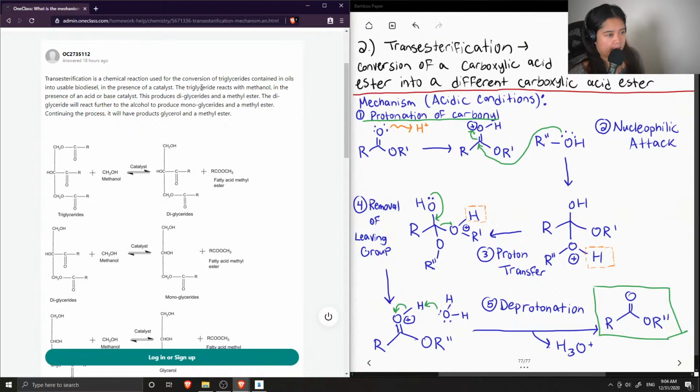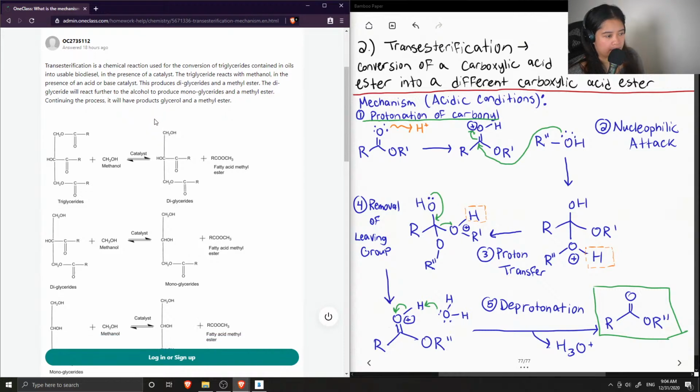The triglyceride reacts with methanol in the presence of an acid or base catalyst. This produces diglycerides and methyl ester. The diglyceride will react further with the alcohol to produce monoglycerides and a methyl ester. Continuing the process, it would have the products glycerol and a methyl ester.